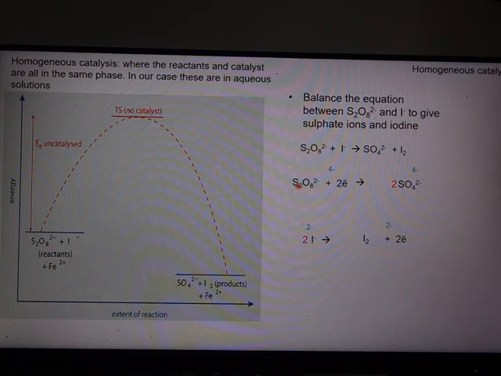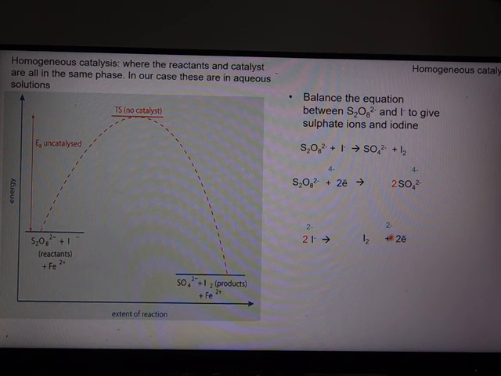Now, to combine those 2 half equations, you need to look at the number of electrons. Here you've got 2 electrons, and here you've got 2 electrons. So in this case, you do not need to do anything other than adding them together. If those numbers are not the same, you need to find the lowest common multiple between these 2 numbers. I'm going to show you an example in a minute.